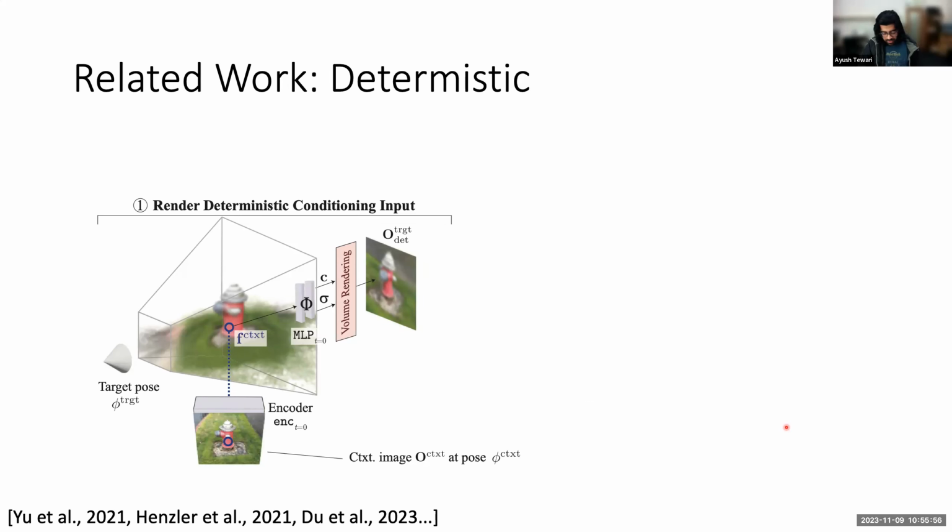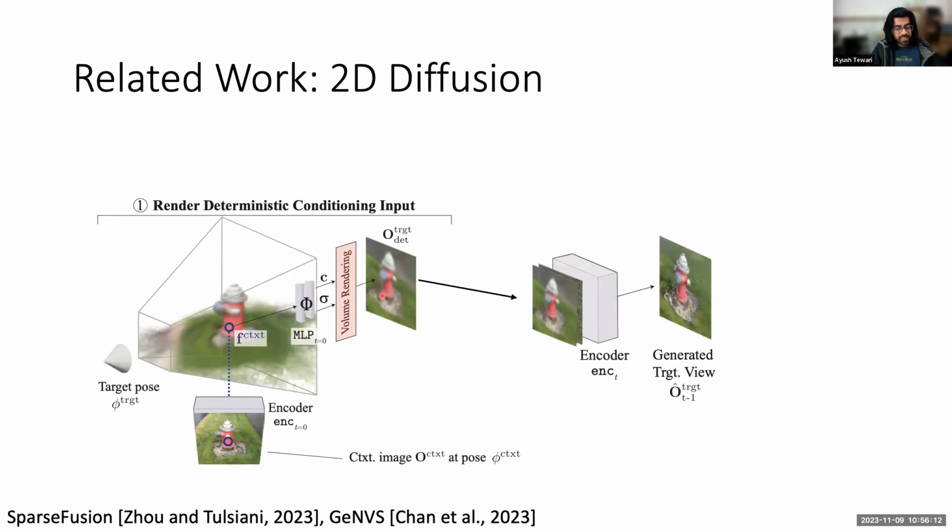The baselines here are, first of all, just deterministic, the thing I showed you earlier. If you don't have any probabilistic modeling, you take an image, get a mean estimate, render it, and that's the output. There's another baseline where you take the deterministic estimate but learn a diffusion model that conditions on it and samples the distribution over images from the target viewpoint, but the encoder is just a 2D encoder.